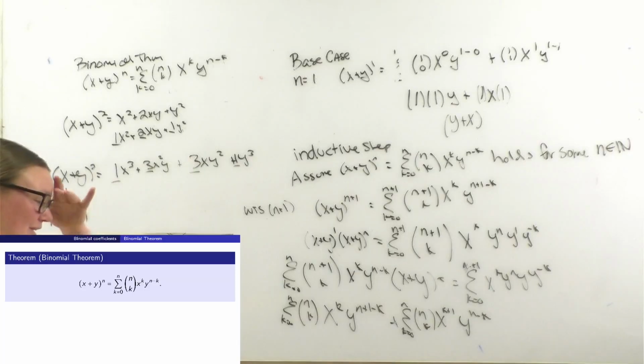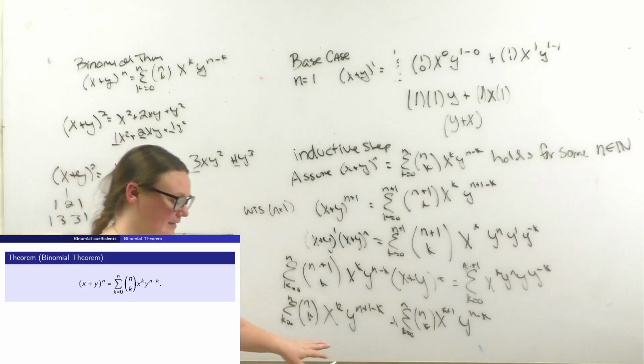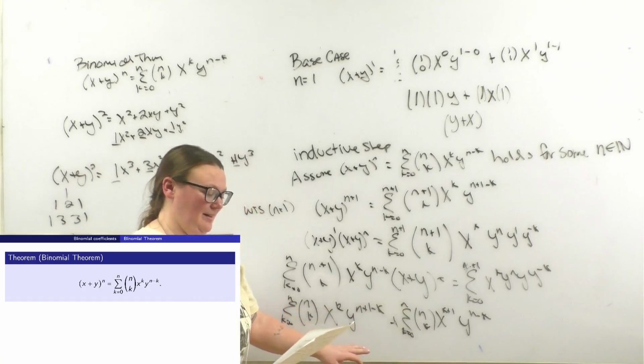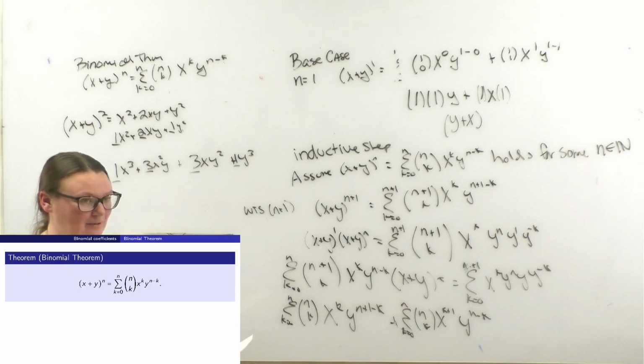Okay, so next what we're going to do on this side is we're going to take out a factor here, and then we'll take out a factor here. And we could do a lot of things.